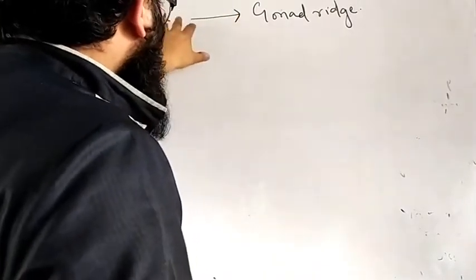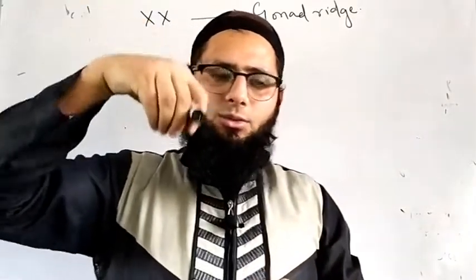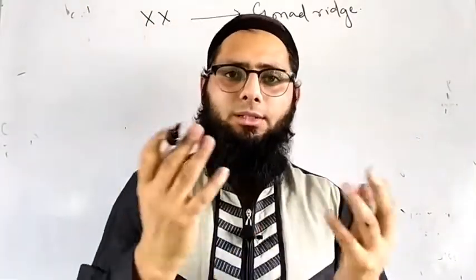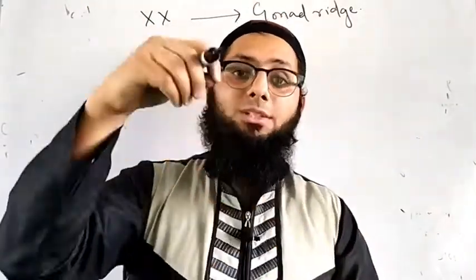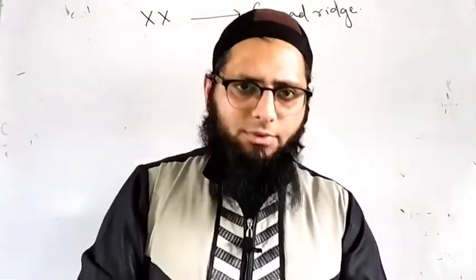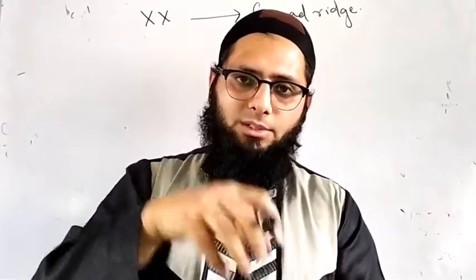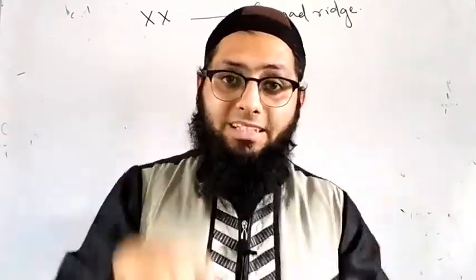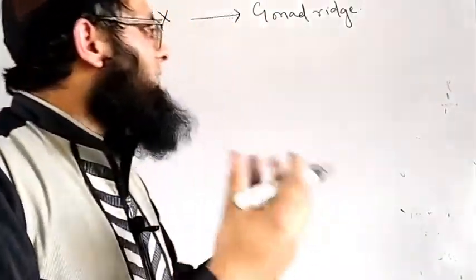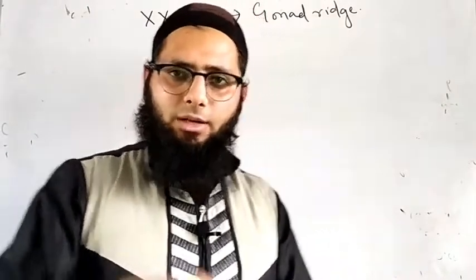In that case, this gonadal ridge, as I told you, proliferates into the mesenchymal tissue of the gonadal rudiment, but here it will not go deep. It will remain at the surface, proliferating only at the superficial level, surrounded by the mesenchymal tissue, but not at the deeper level.